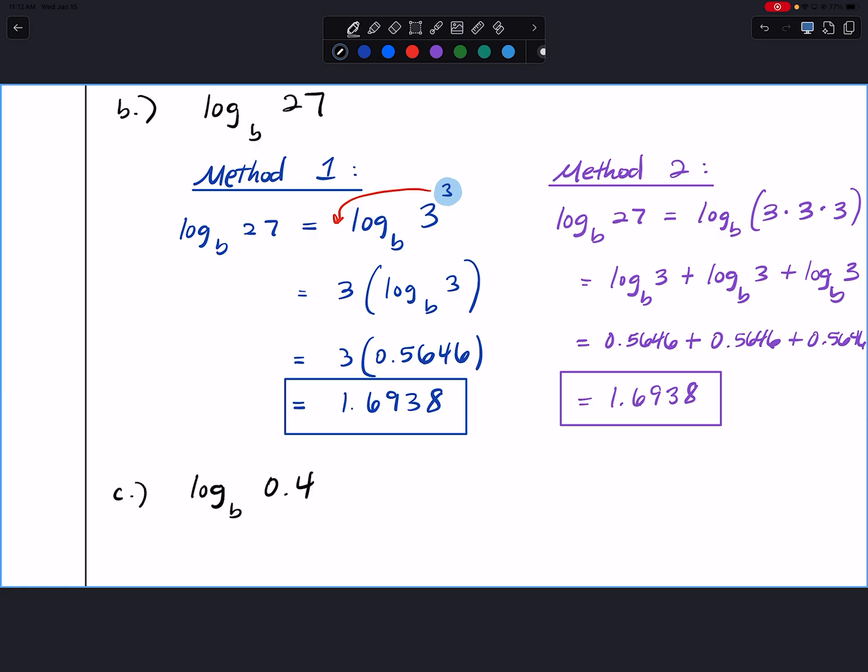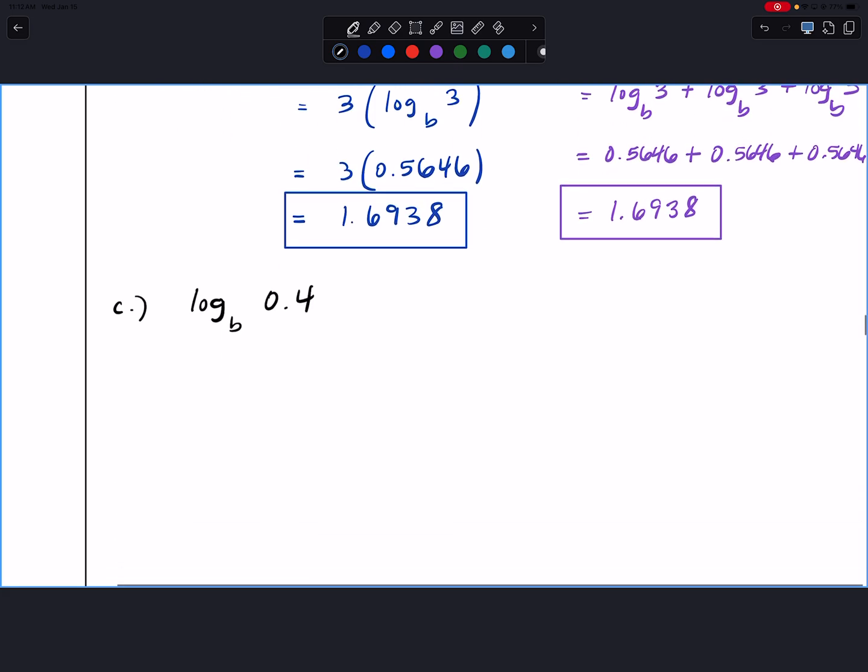Perfect. 2 divided by 5. Good job. So this is the same thing as log base B of 2 divided by 5. What's the rule for division? Subtraction. Subtraction, order matters. So log base B of 2 minus log base B of 5.